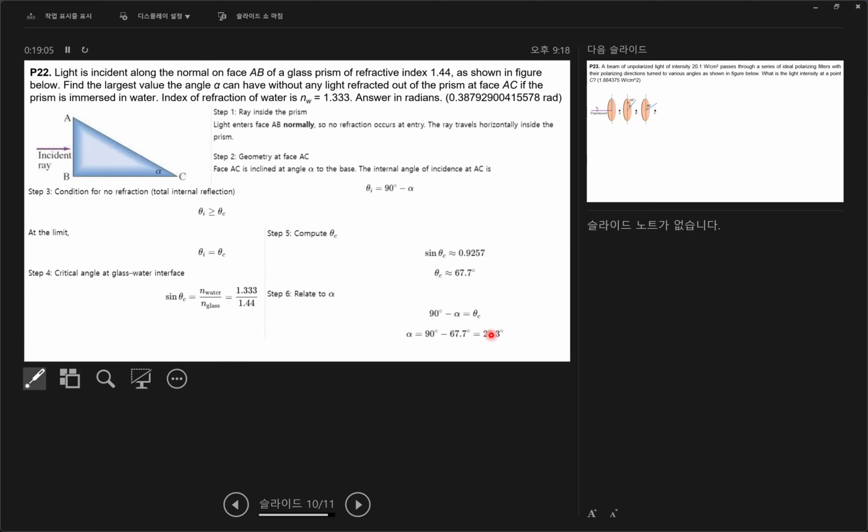In this case, we need to figure out the incident angle for the given prism angle alpha. The incident angle is this one, and it should satisfy total internal reflection. The critical angle theta c should be the same as theta i, and then you get alpha.